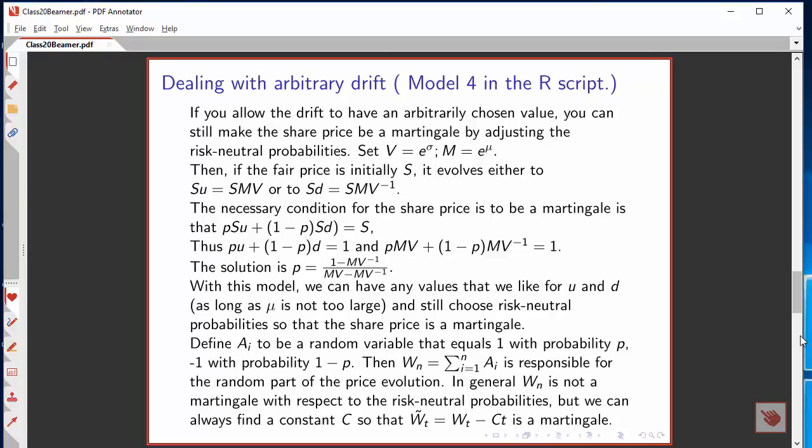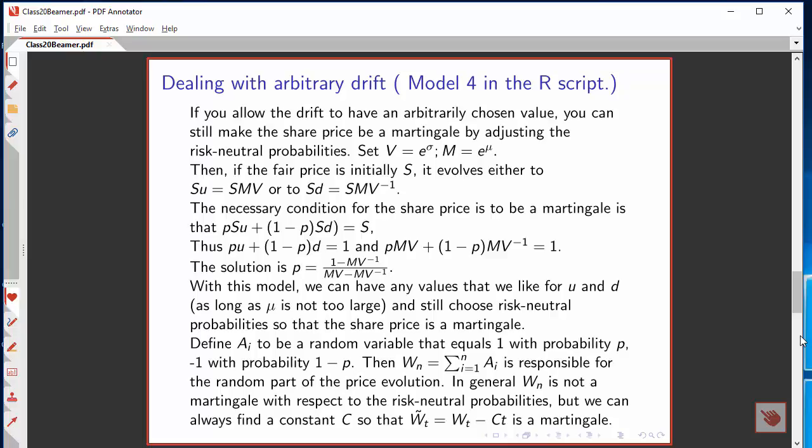In other words, if the price starts out at s, either we will go up and I will multiply it by m and by v, or it will go down, I will divide it by v, but I will still multiply by m.